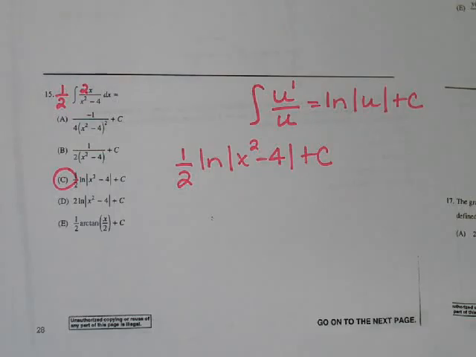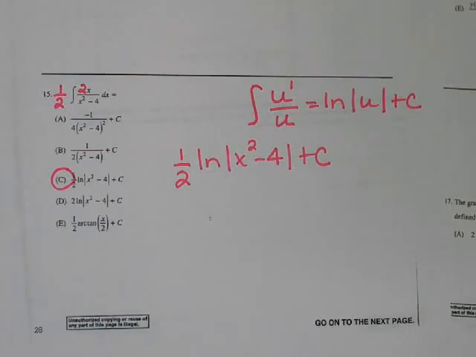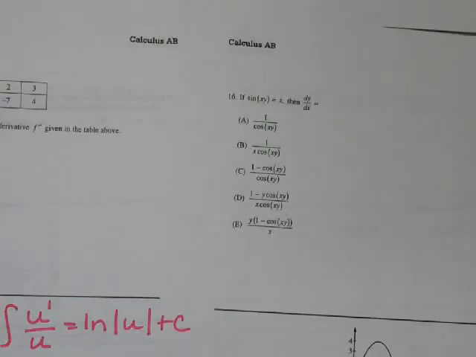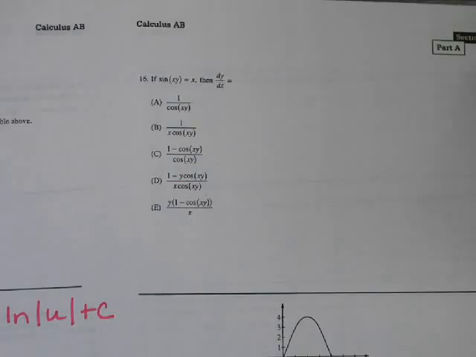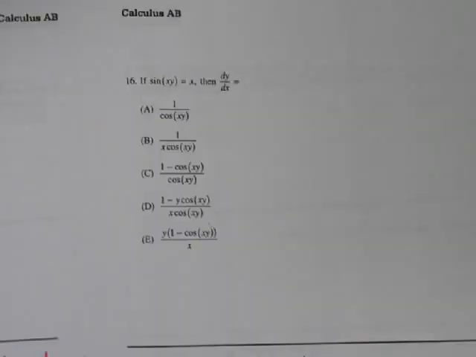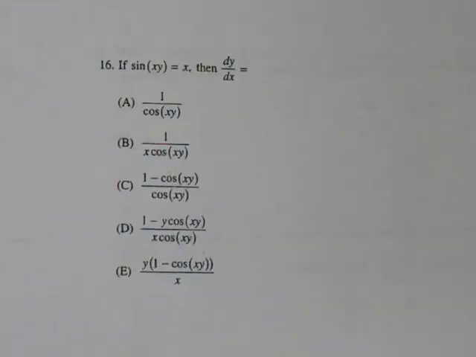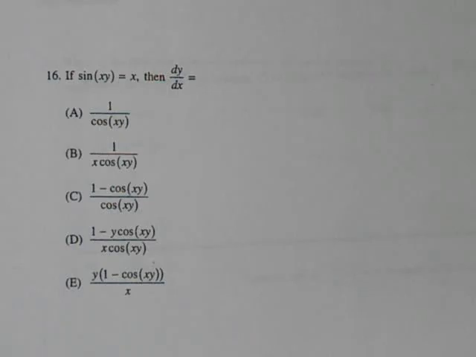Alright, number 16, the combination of a couple of things. Because it has x and y together in the equation, it's not solved for y, it's not y equals, and you can't make it be y equals. You have to do implicit differentiation. Remember, that's where every time you take the derivative of y, you have to put dy dx.